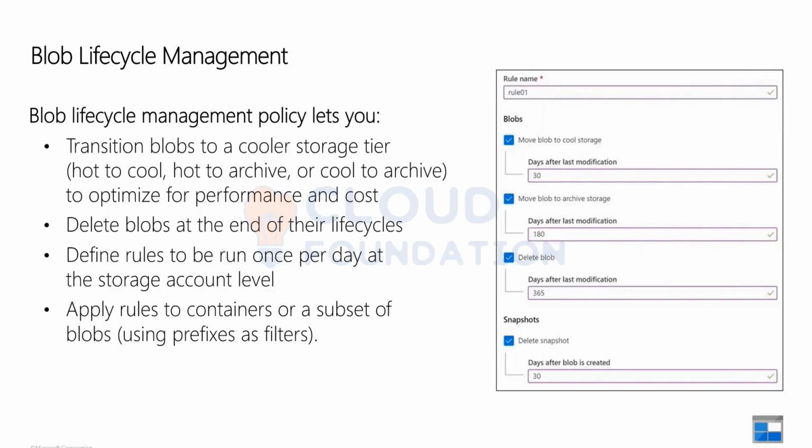Some of these things you will do cautiously, which means while uploading the file itself, you know that this file will be accessed once in a month, this file will be accessed once in 6 months, or this content will be required only in a year's time. Based on that, you can make your options over here. But for other types of content, you may want to go for creating a lifecycle over here.